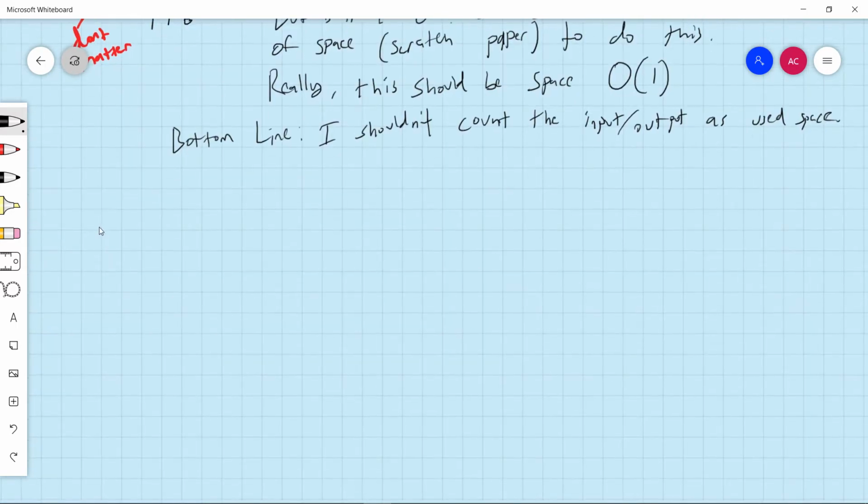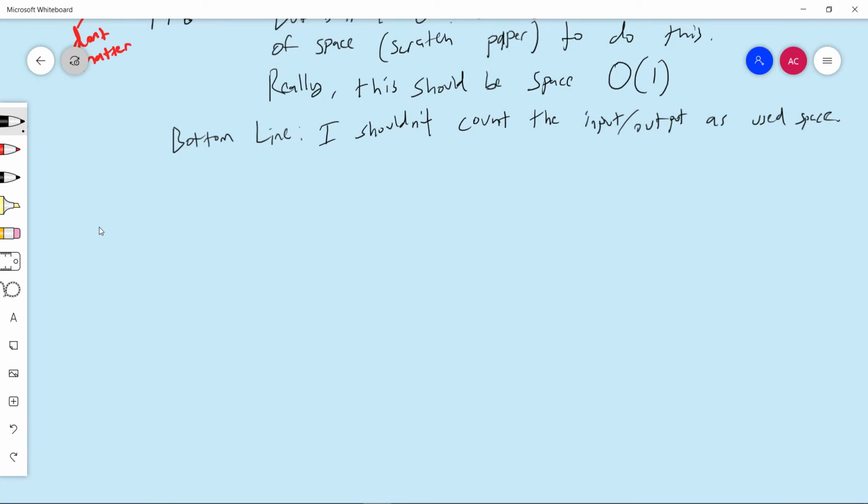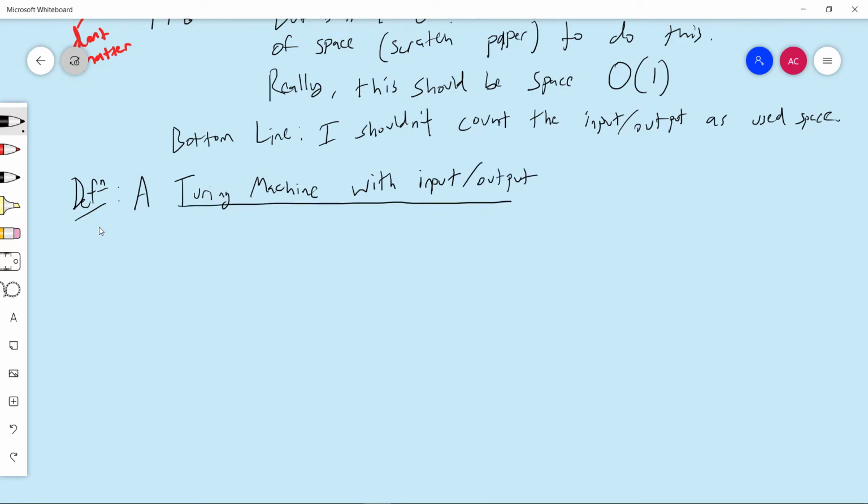We're going to make use of our multi-string Turing machines to define a special kind of Turing machine in order to define space usage. So here's a definition. A Turing machine with input and output is a 3-tape machine.